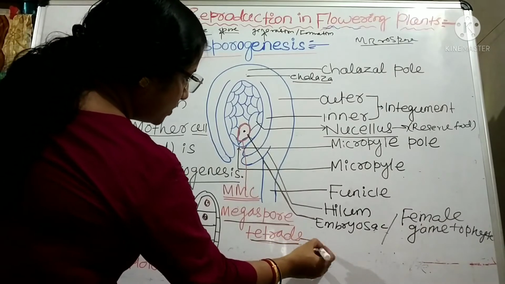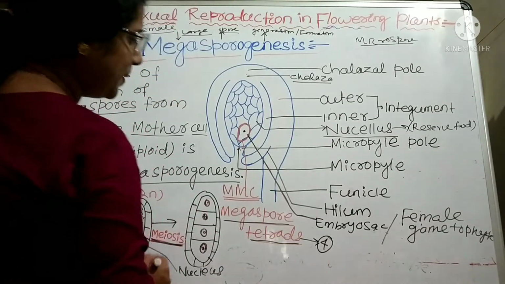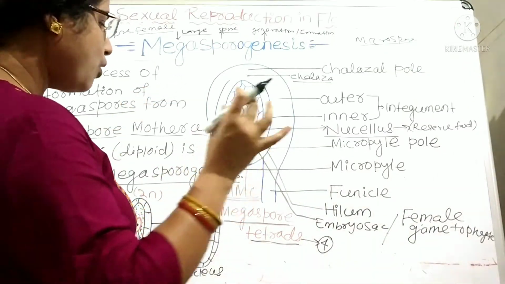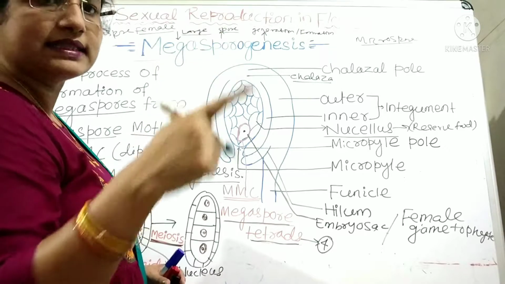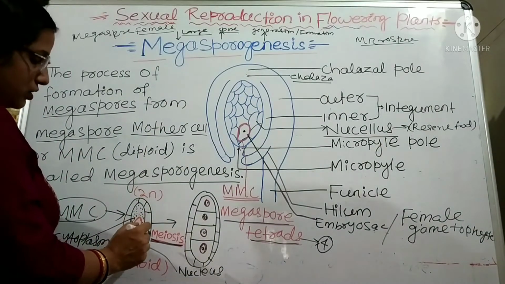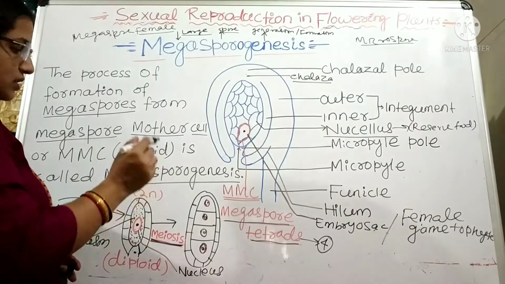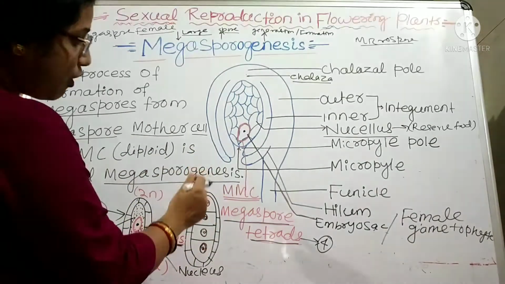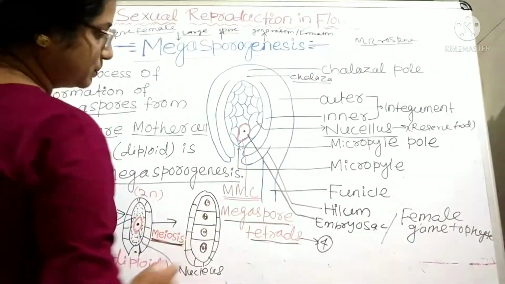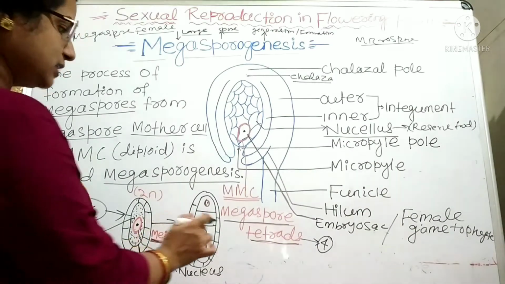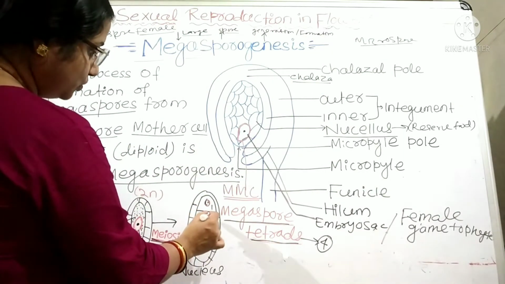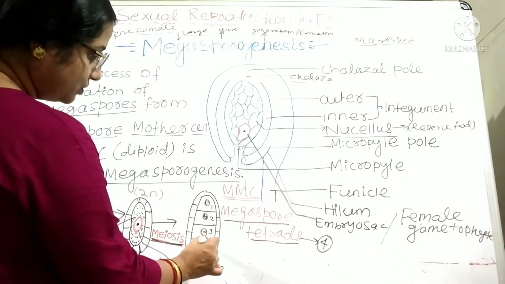Tetrad means four. In meiosis division, four cells are developed from a single mother cell. So here the meiosis division occurs and four megaspores are formed, known as megaspore tetrads. Tetrad means four: 1, 2, 3 and 4.